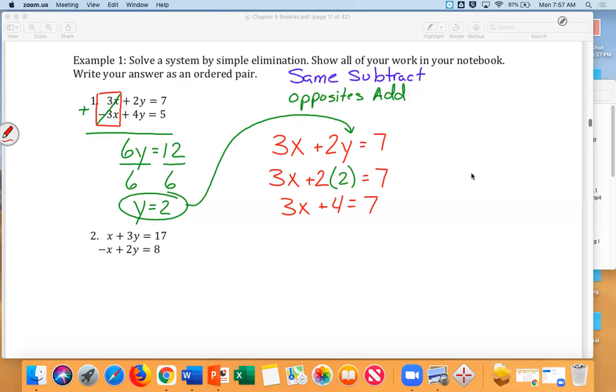And then I go ahead and solve that like a two-step equation. I'm going to add or subtract, and then I'm going to either multiply or divide to get my x by itself. So here I'm going to subtract 4. That gives me 3x equals 3, and x equals 1. My answer is 1, 2.